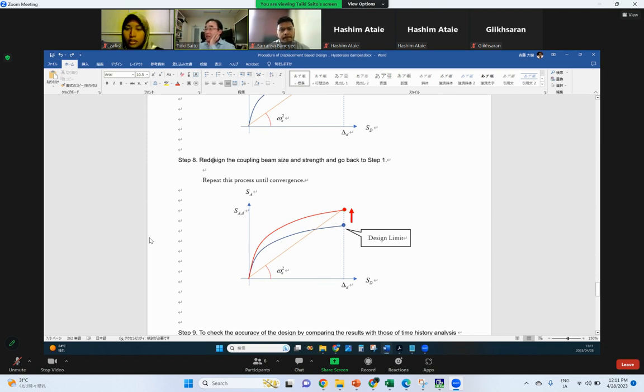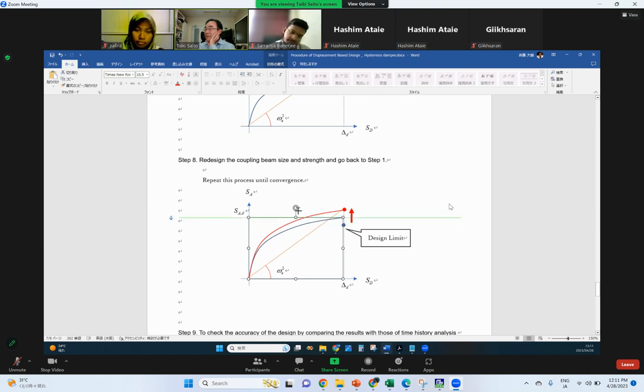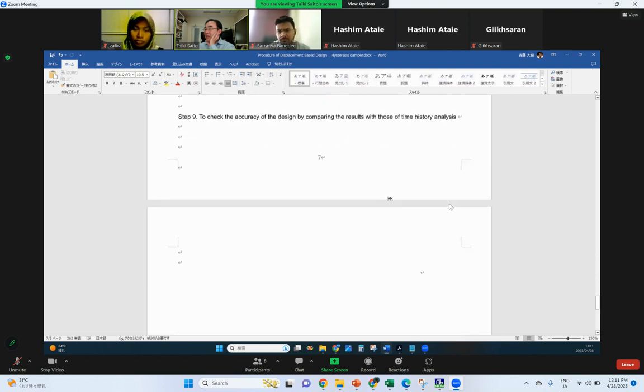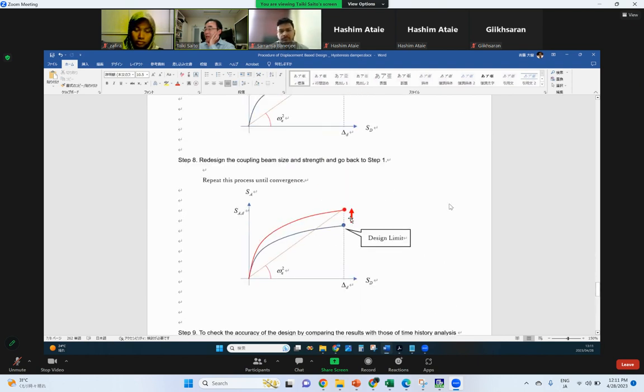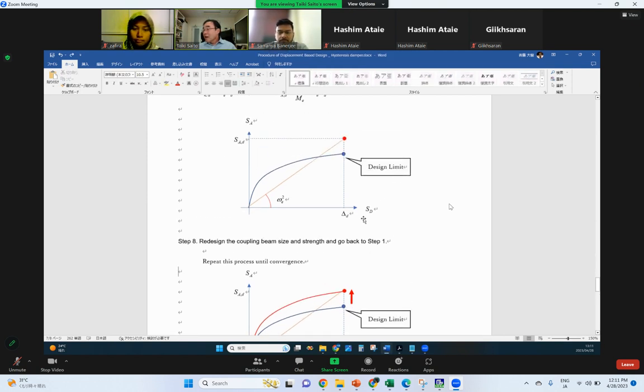This is the redesign. Okay, not to reduce. Maybe in this case, we must increase the coupling beam. For example, if this is 0.25%, maybe we can go up to 70%, maybe. So after repeating this process, finally we can obtain the optimum amount of damper. So this is the procedure.